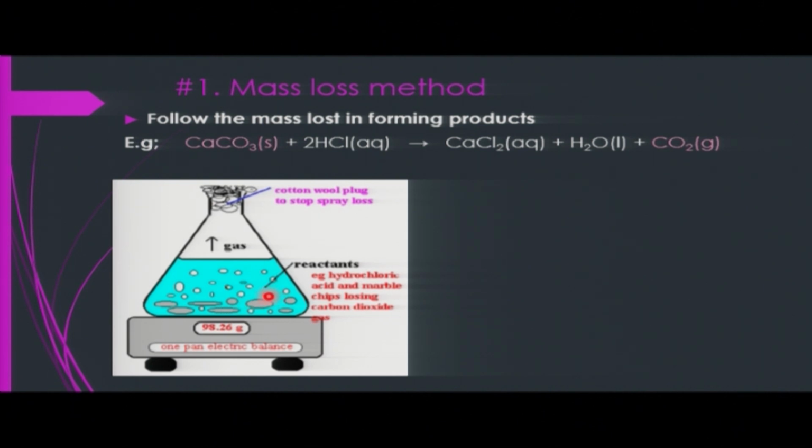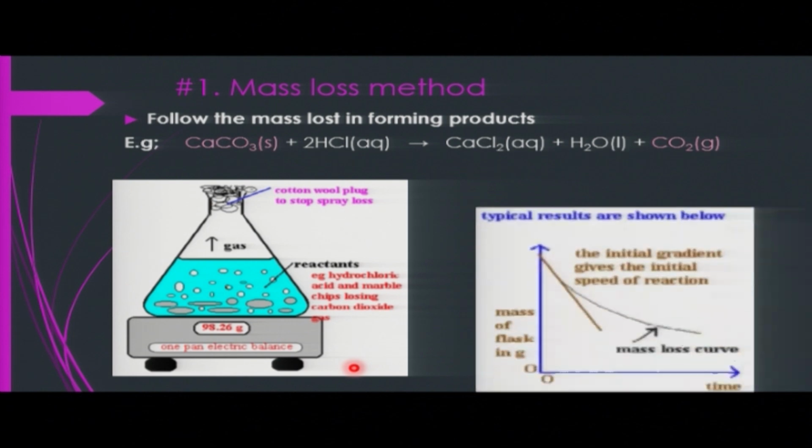So if you prepare this container just immediately after mixing up the components and you weigh the container at the start, then you take notice of the changes in the weight of this container as the reaction is happening. What will happen? You will notice that the mass is decreasing because the gas is coming out and the gas is taking some part of the mass of these reactants.